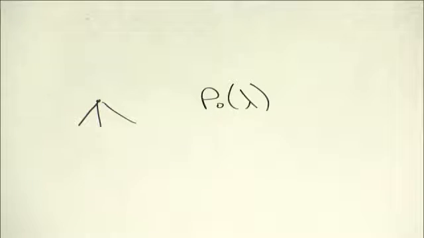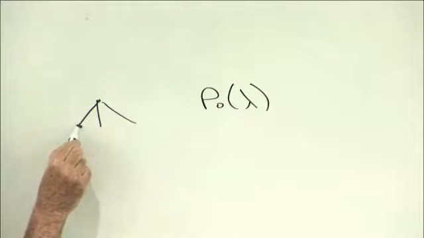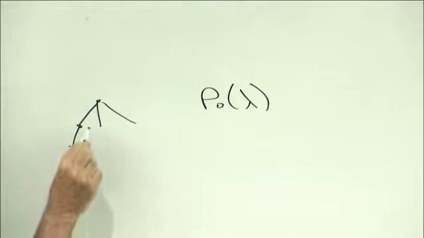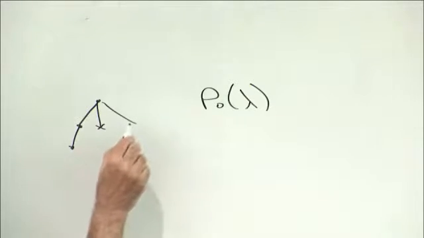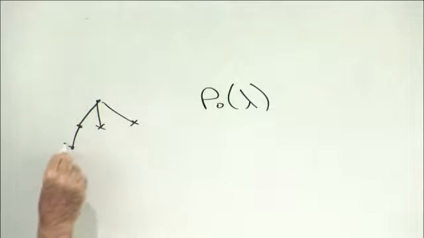Maybe the first one has 3 children, and then this one has maybe 1 child, and this one maybe has 0 children. Each node, the number of children independently has the same distribution, the Poisson with mean lambda. So lambda will be the critical parameter here.